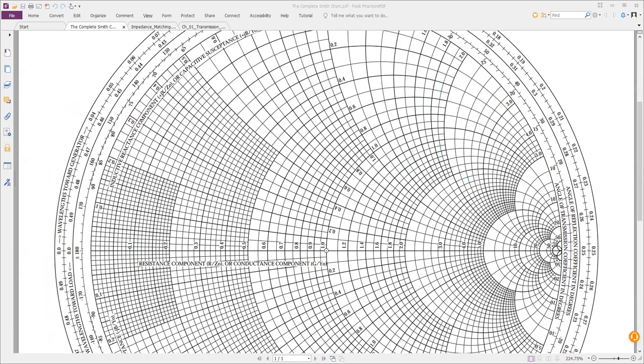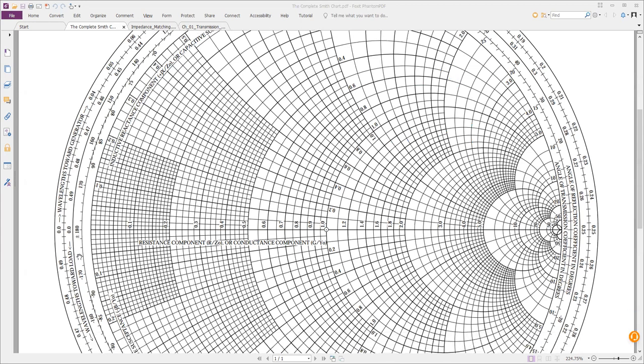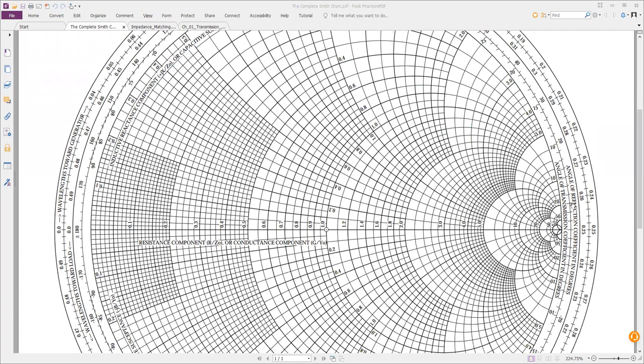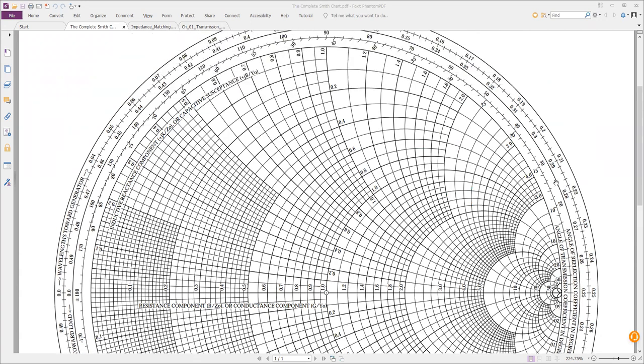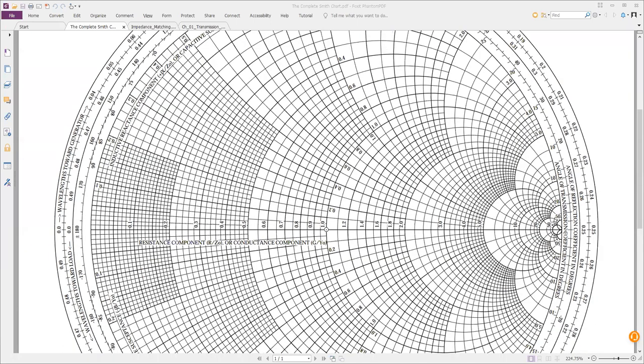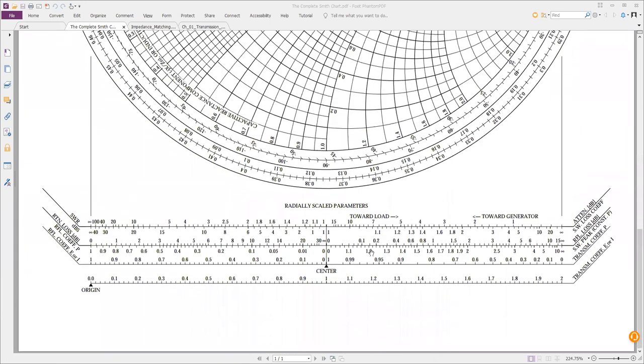And look at here, this scale, the angle of reflection coefficient. Third scale, angle of reflection coefficient, and the final scale, fourth scale, which is the angle of transmission coefficient. And here is another scale, which is the standing wave ratio and return loss. Some scales are there. You have to calculate those things.